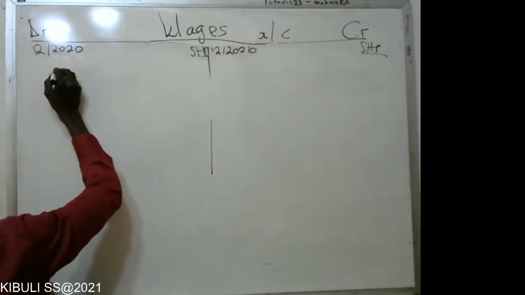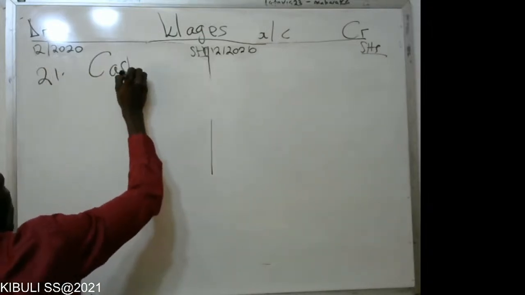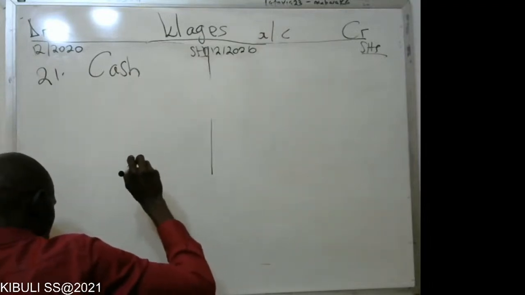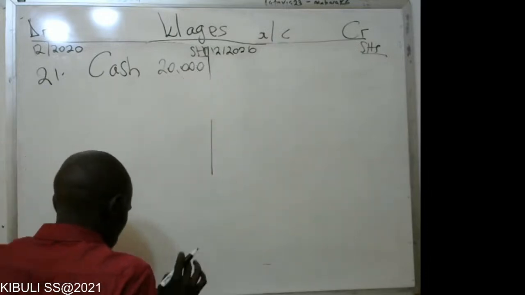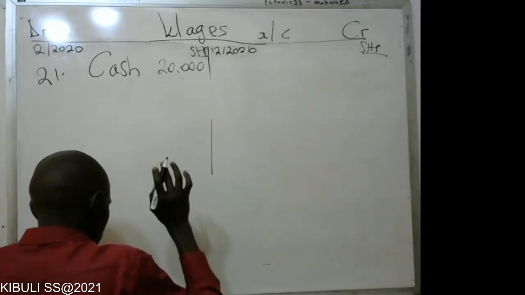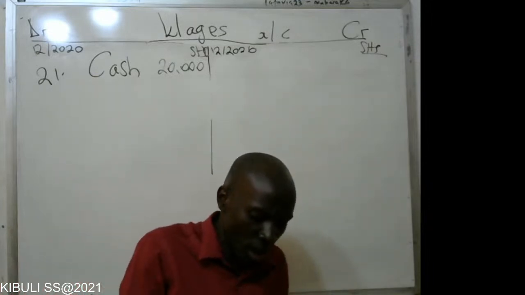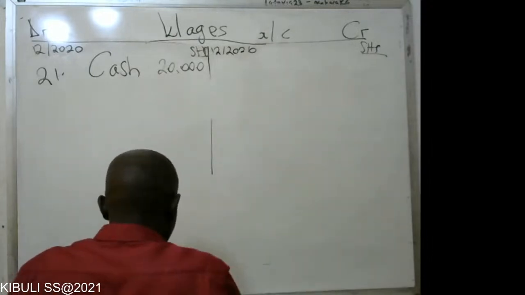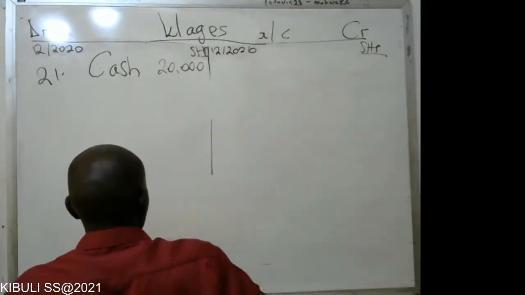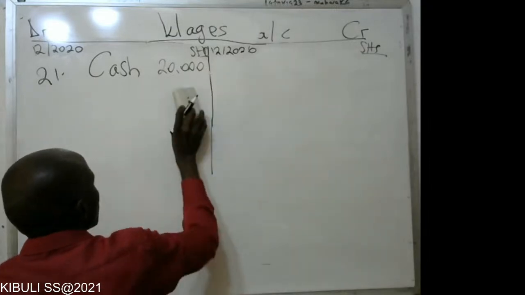So now that means the wages account is gaining from cash. How much was it? 20,000 shillings. So anything to record in the wages account? Nothing. So you can also proceed and balance off this particular ledger account, and then we identify another account.